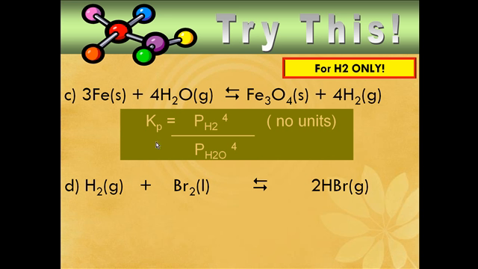In the third example, we have iron as a solid and Fe3O4 as a solid, so we do not take them into account. After considering all of this, the Kp expression would be the partial pressure of H2 raised to the power of 4 over the partial pressure of water vapor raised to the power of 4.